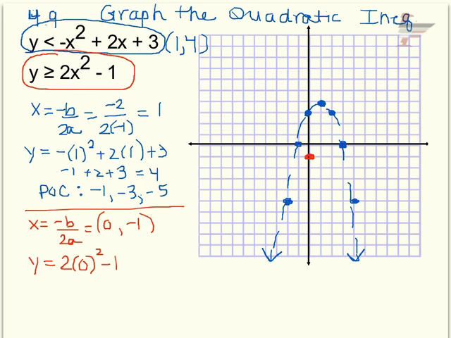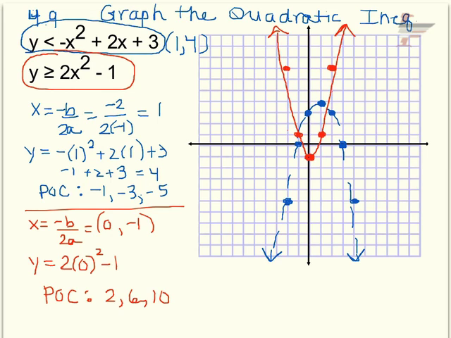So 0, negative 1, and then my pattern of change is a times 1, 3, 5, so it's going to be 2, 6, 10. So I'm going to go over 1, up 2, over 1, up 6, and I won't go 10 because I'll be off my graph, and then the other way over 1, up 2, over 1, up 6, and that one is a solid parabola because of the equal sign underneath it.